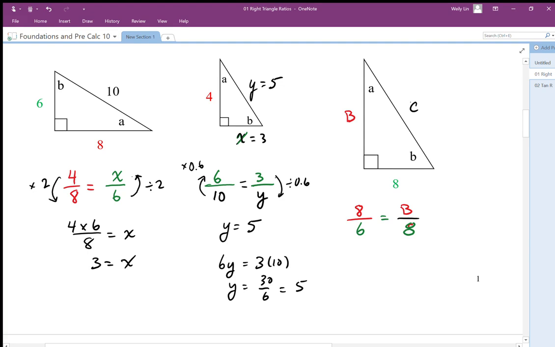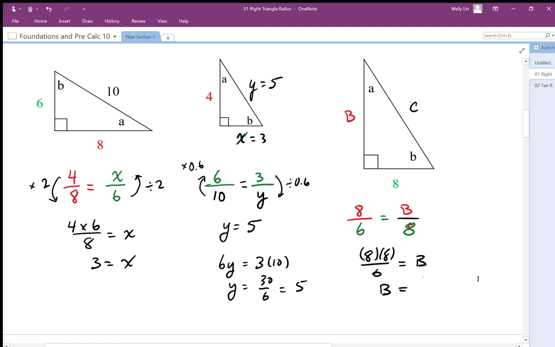Without the colors, we do need to double check these things to make sure we have it in the right direction. In this case I'm just going to do my cross multiplying and solve this. So I'm going to do 8 times 8 divided by 6, maybe in brackets like this, equals my side b. So b is equal to 64 divided by 6, which is 10 2/3.